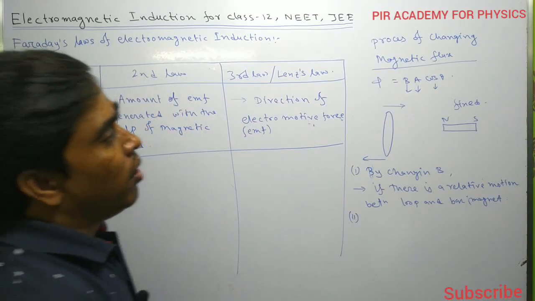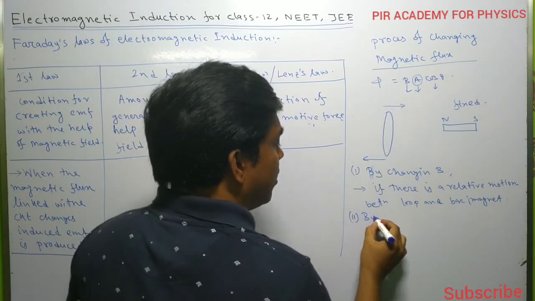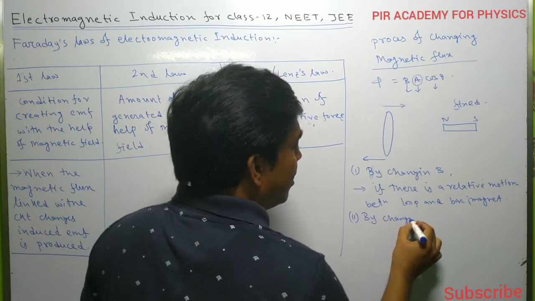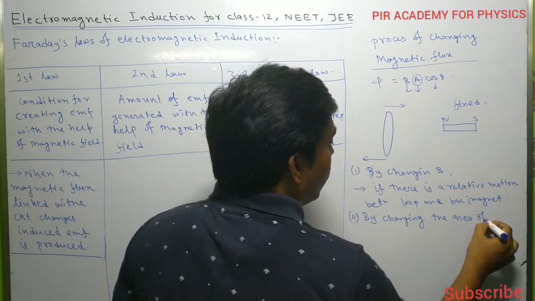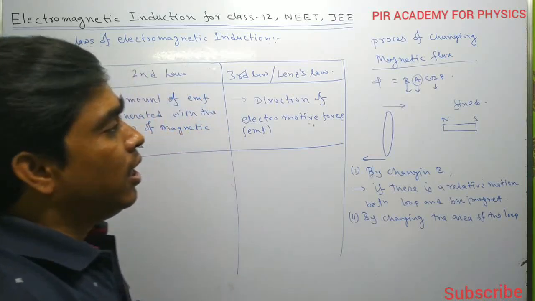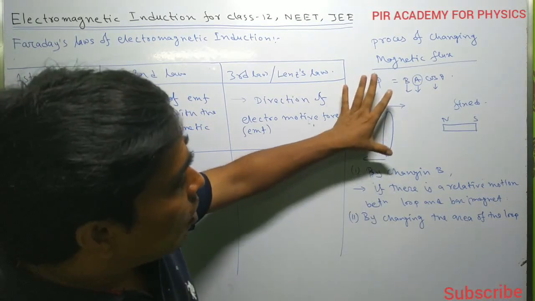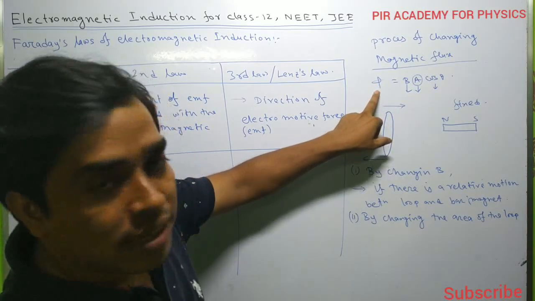Number two, by changing the area of the loop. If you change this area of this loop, then there will be a change in magnetic flux.